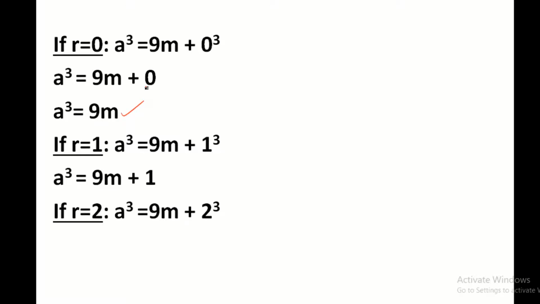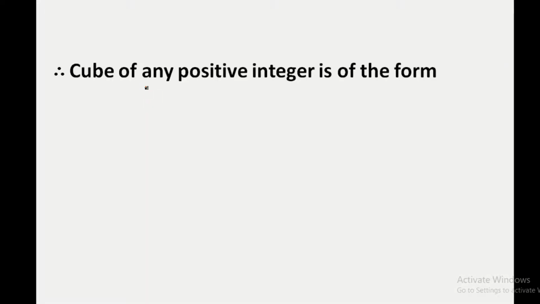So a cube is equal to 9m plus 1. If r equal to 2, then a cube is equal to 9m plus 2 cube, which is 9m plus 8, our third condition we have to prove. So the cube of any positive integer is of the form 9m or 9m plus 1 or 9m plus 8.